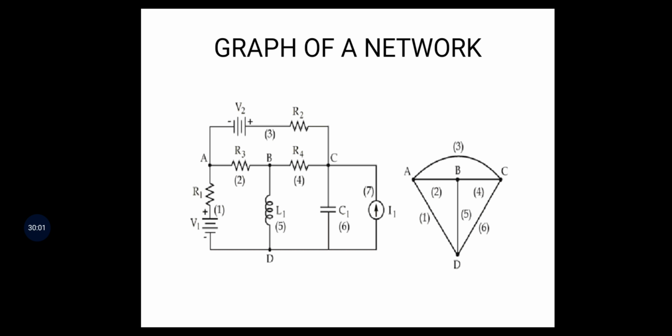So this gives one line, that is A to D. Again B to D, the inductor is there, so we draw one line, and C to D, the capacitor, then we draw one line.